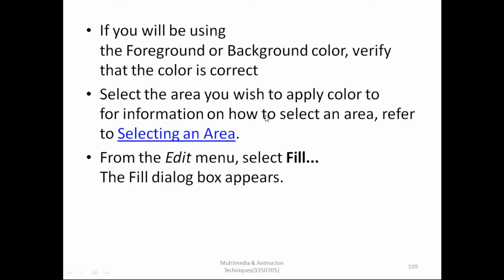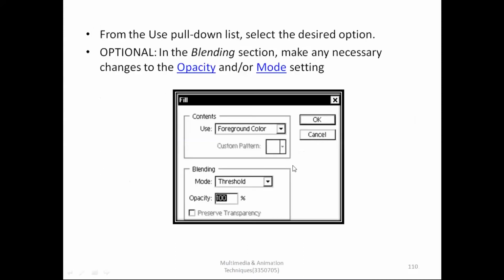Select the area you wish to apply color to for information on how to select an area. Okay. We have used rectangular marquee tool. From edit menu, select fill. The dialog box will appear like this. Okay. We have seen already in Photoshop. From the use pull down list, this is the use pull down list, select the desired option.